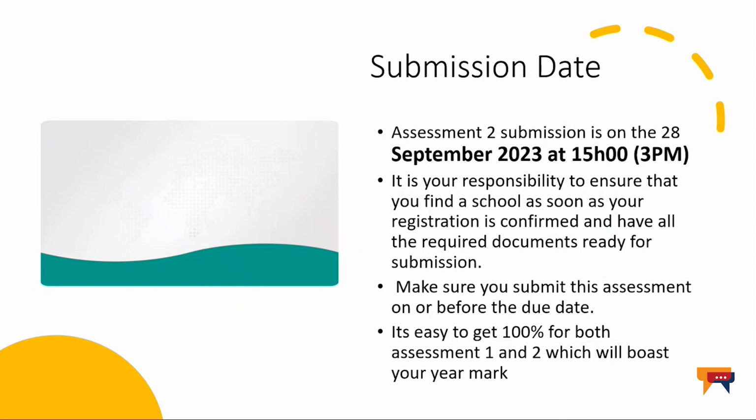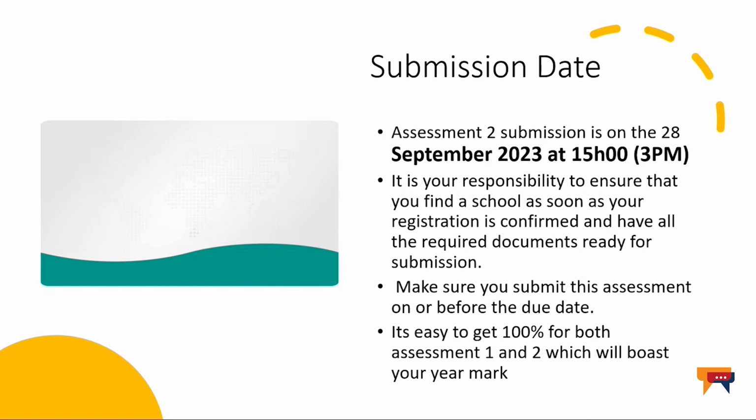Our system is able to sift the number of students that the system can accommodate per date and per time. If by 11 o'clock or 12 o'clock, there are many modules in the institution that need to submit at that time, when I choose that time, it rejects it. So I take the time that is available, meaning that for assessment 2 on the 28th September 2023, come 3 o'clock, the system closes. Do not wait for the last minute.